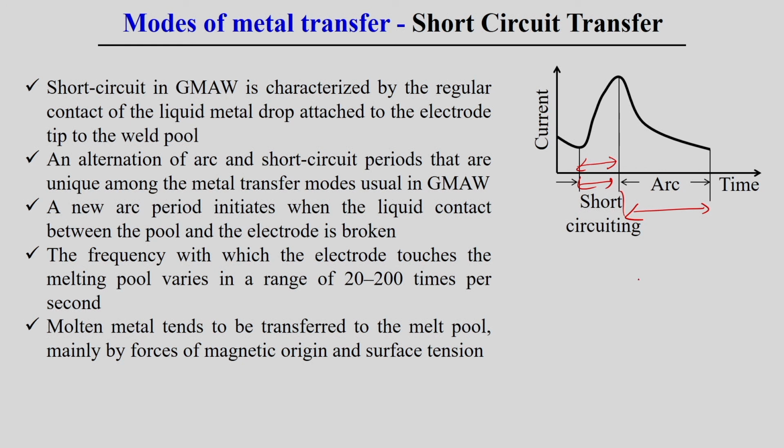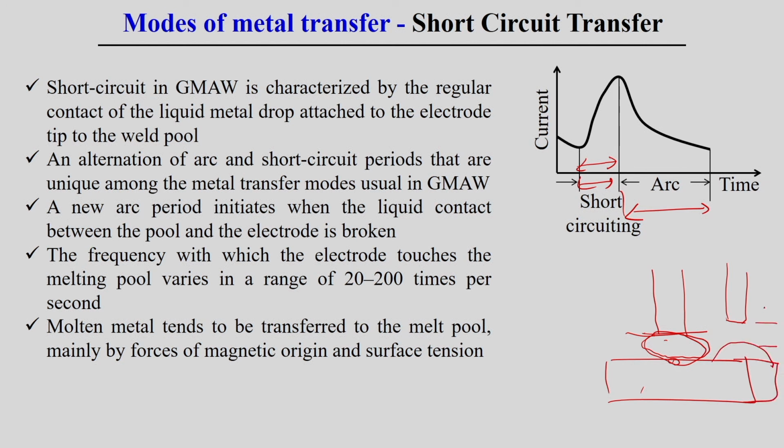It is something like this: suppose this is the workpiece and the electrode is there, and a droplet is created. Once it touches, a short circuit happens, then the molten droplet detaches to the workpiece. Then there is a gap between the weld pool and the electrode, and at the same time an arc is created between these two. This is the way.